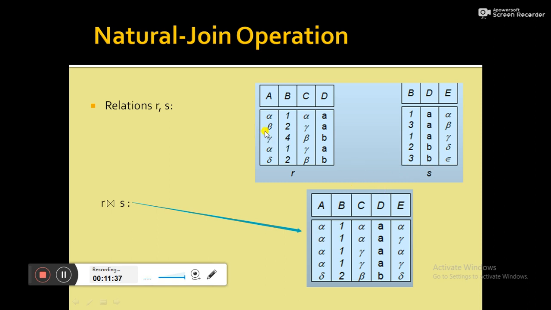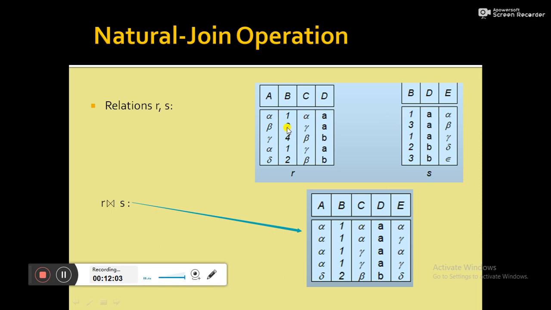Next, you have to consider the next record or the next tuple of R, which is beta 2 delta A. Common attribute is BD, so we have to compare that particular record with every record of S. So this one will be first compared with the first record.